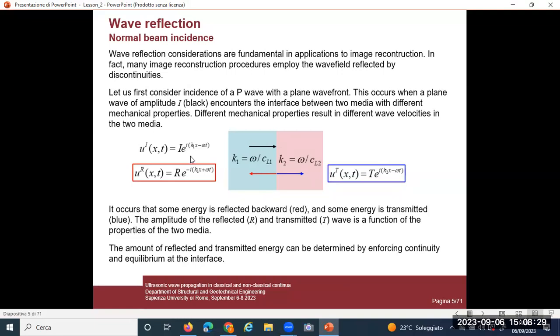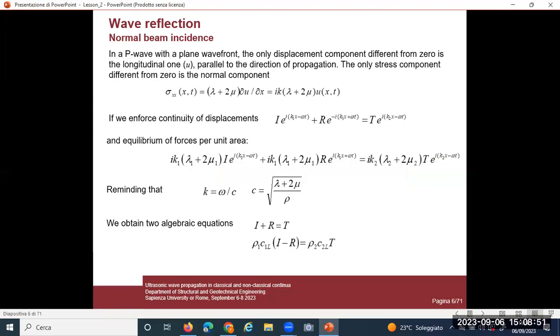The amount of reflected and transmitted energy can be determined by enforcing the boundary conditions, which are the conditions that have to be satisfied on this surface. And these are basically continuity of displacements and equilibrium of forces.